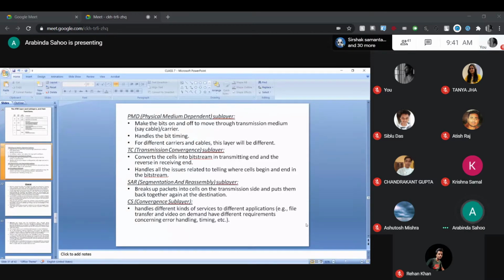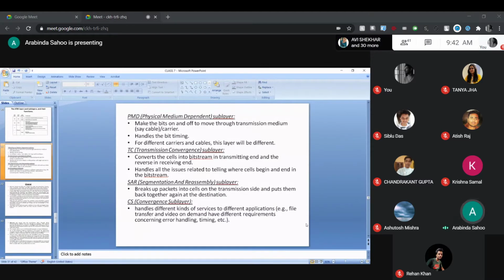The function of this SAR sublayer is to break up the packets into cells on the transmission side, and put them back together again at the destination.